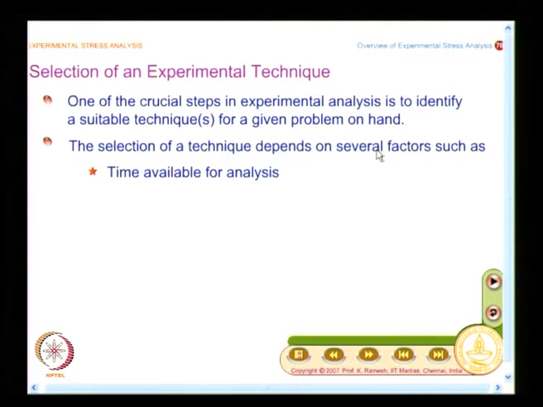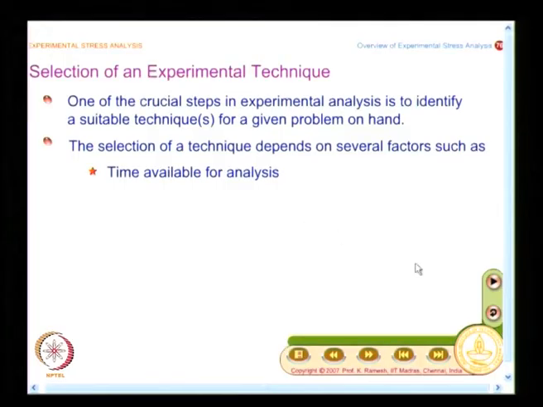One of the first factors is the time available for analysis. If you have time at your disposal, you can take your most elaborate and accurate method and find out the values. But if the time available is short, then you will have to find out which technique is appropriate.